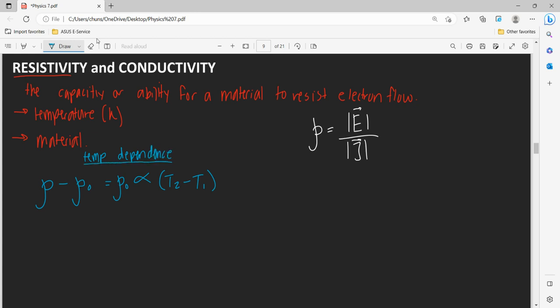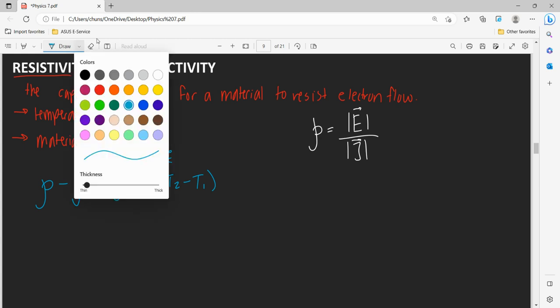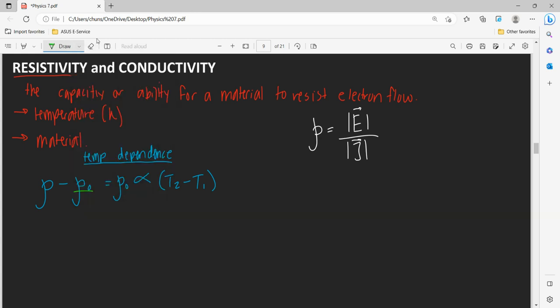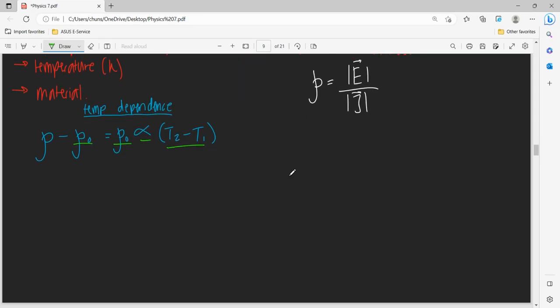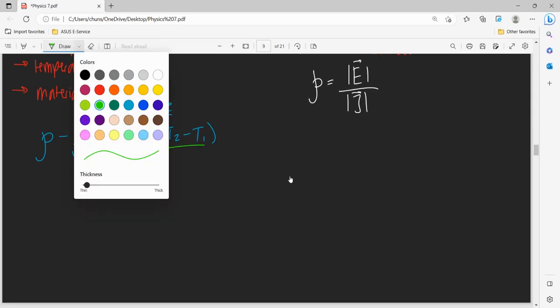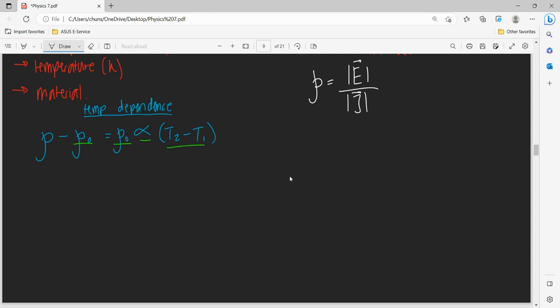And we are given our values for our rho naught, our temperature dependence, and our change in temperature. Okay, and conductivity is going to be the inverse of our resistivity.